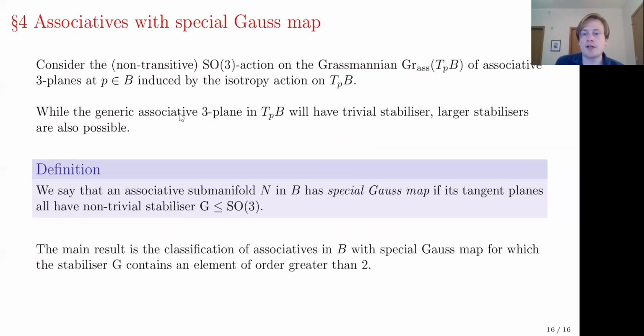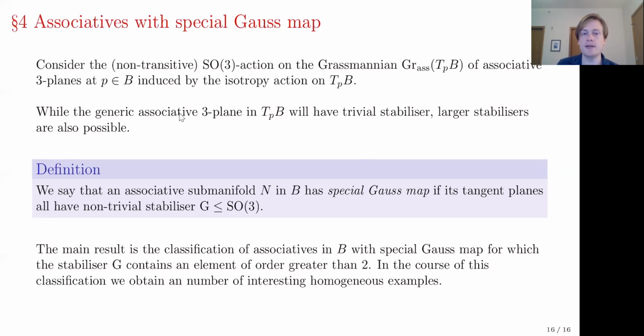So what we do in our work is we classify the associative submanifolds in B that have special Gauss map, for which we have to restrict to the case where the stabilizer G contains an element of order greater than 2. The case where you have only elements of order 2 turns out to be pretty complicated, so we ignore that case. But aside from that case, we're able to classify all the associatives that have special Gauss map.